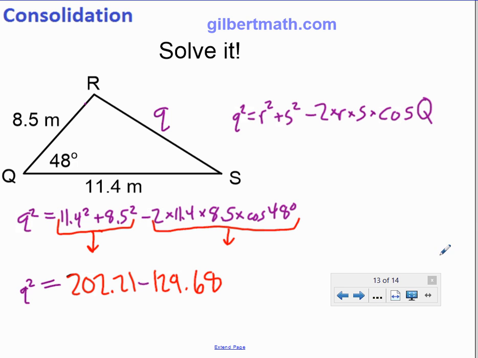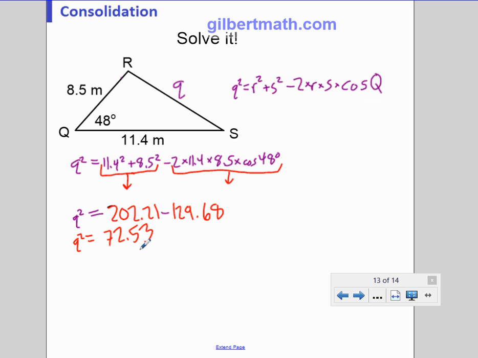If any of you remember this example from the other day, it probably seems a little bit familiar, and that's fine. Now I'm going to subtract those two numbers, and I get that q squared equals 72.53.